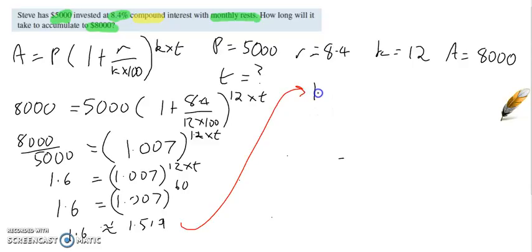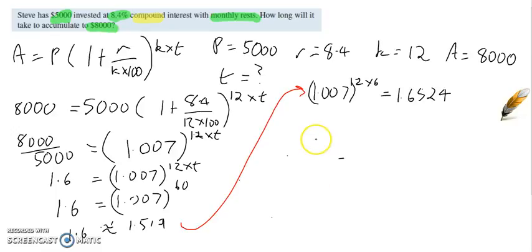So we're going to have 1.007 to the power of 12 times 6, which is 72. And I get 1.6524. Again, we can see I haven't got my answer yet, but I'm getting quite close. Because 1.5 is below 1.6, 1.65 is above it, so my answer is in between those ones. So that means I need to use somewhere between 5 and 6.